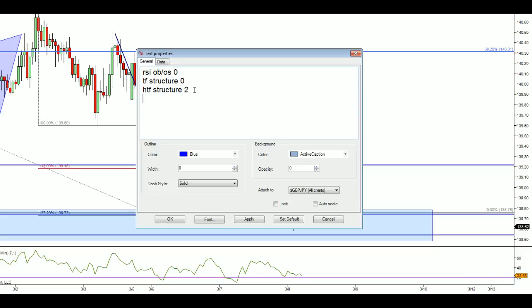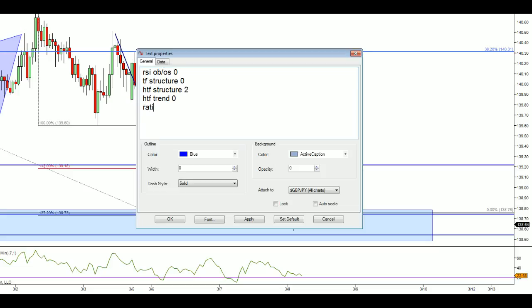Let's see, higher time frame trend. We're in consolidation, but the bigger move was... no, it wasn't consolidation, was it? So we're going to put 0. I guess I was thinking about another pair.